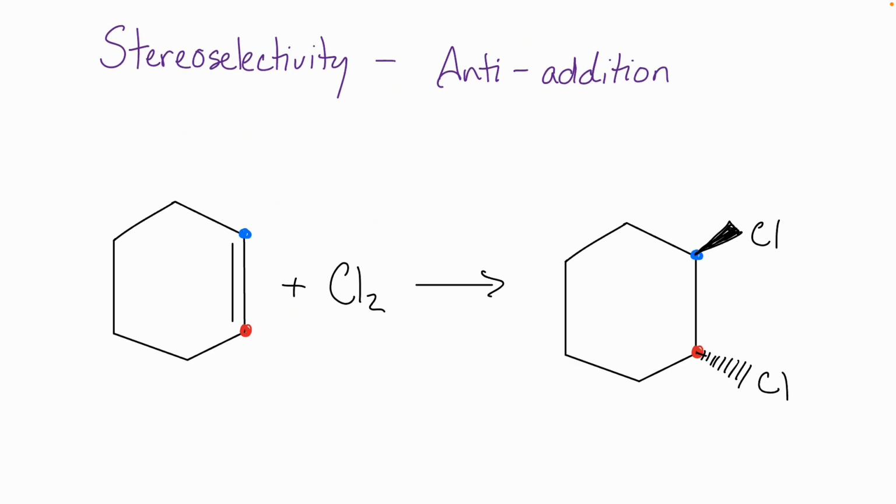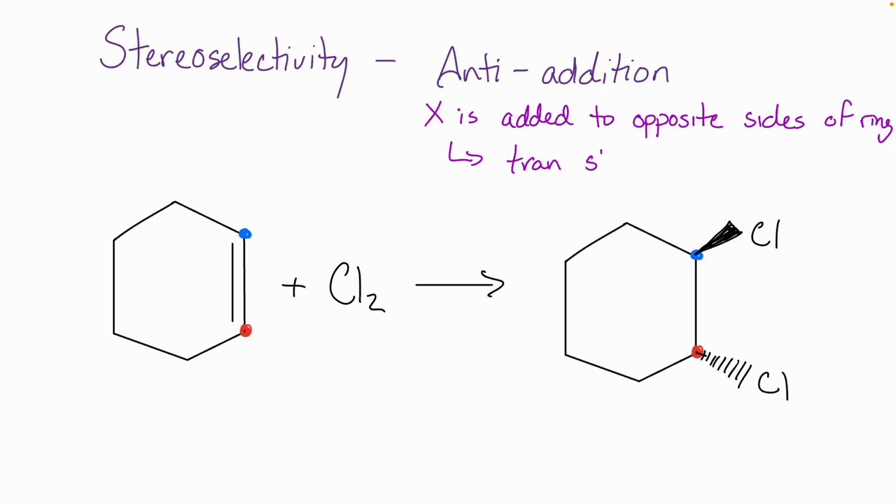So an anti-addition means that the X is going to be added to opposite sides of the ring. Which really just means that we're always going to get the trans stereoisomer.